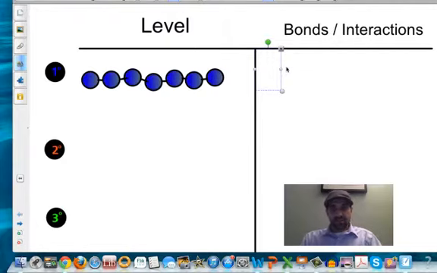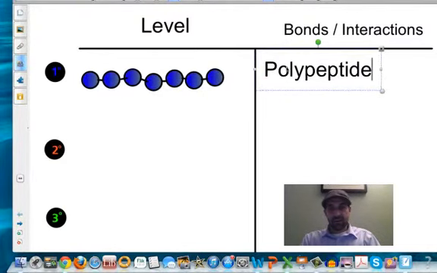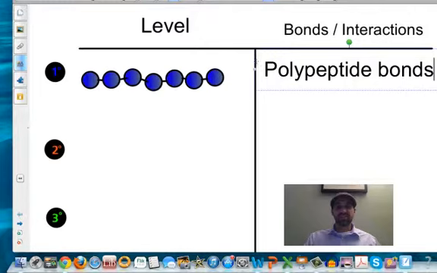So the number of bonds are going to be polypeptide bonds. That's all you need to know.